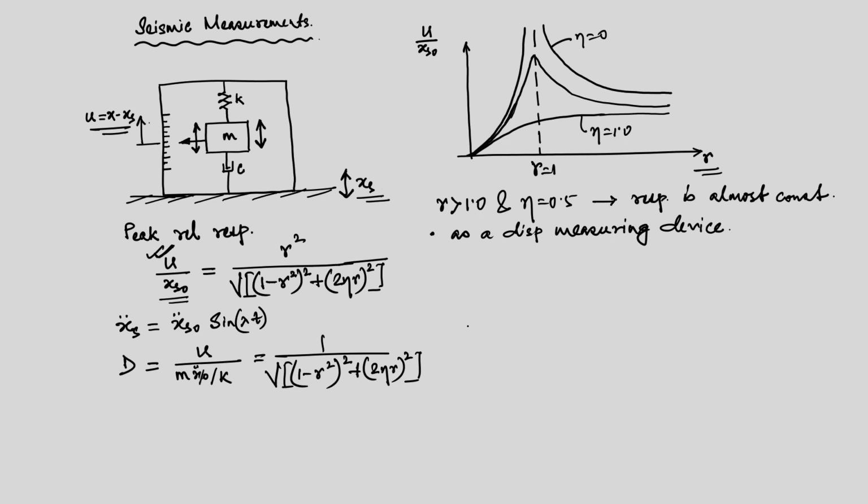Now, under this condition, if we investigate, say eta equal to 0.7, and r is in between 0 to 0.6, obviously then what happens? You can see the relative displacement u is proportional to, so the response is proportional to, base acceleration.